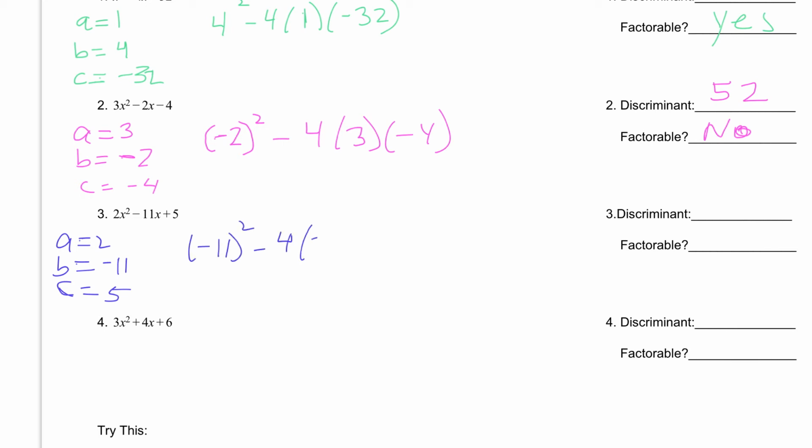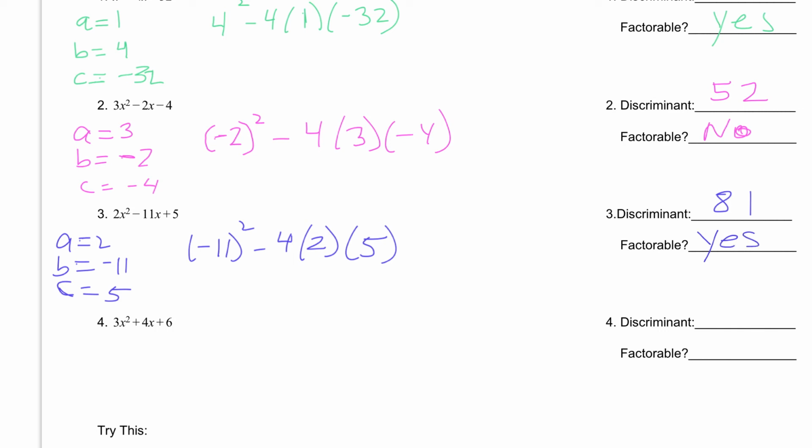Minus 4 times a times c. Plug that into your calculator. And if you do, you should see that you get a discriminant of 81. And is 81 a perfect square? And the answer to that, hopefully you recognize this one, is yes. It's just 9 times 9. So is this one factorable? You would say yes.